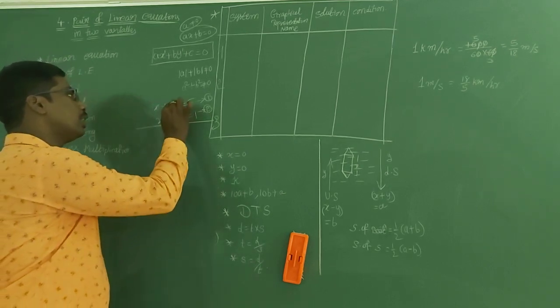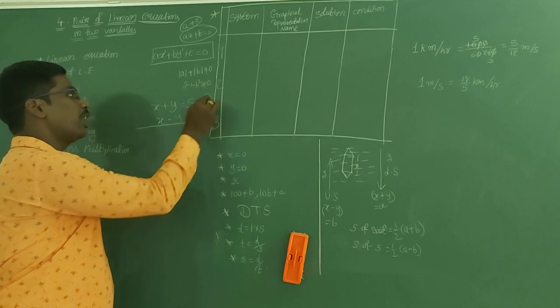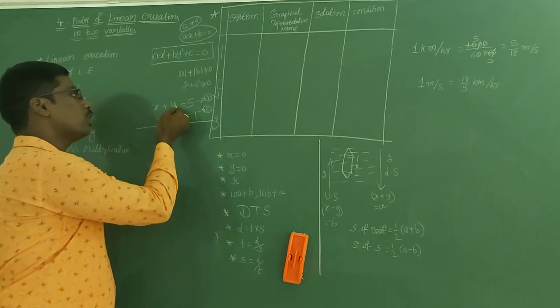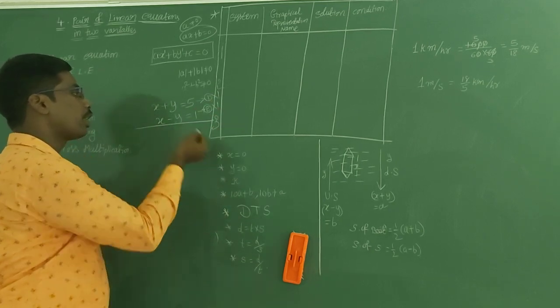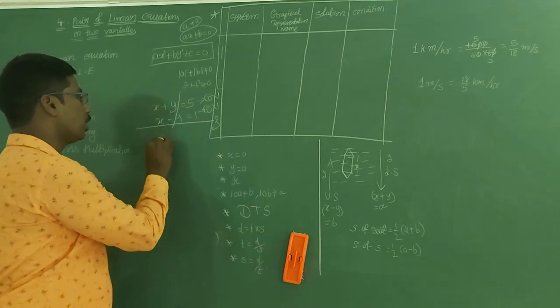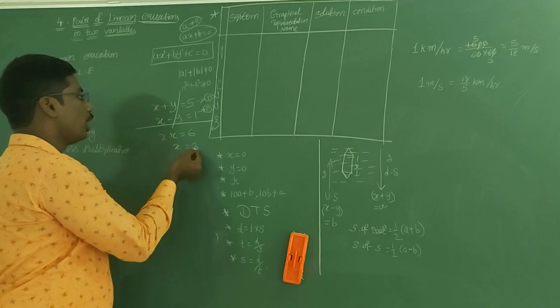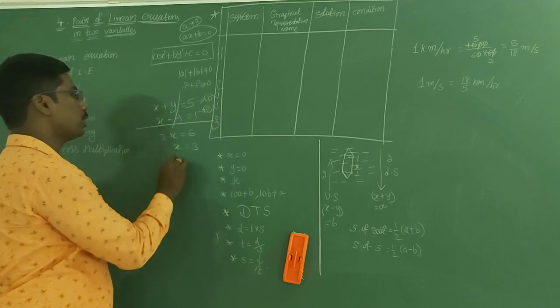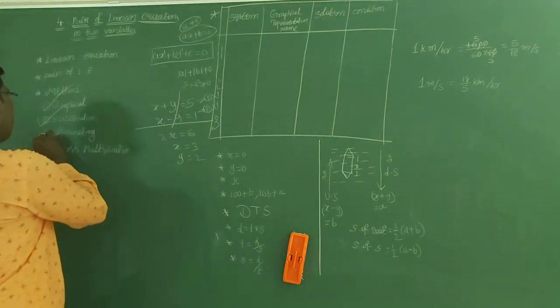If you want to eliminate y, then whatever the coefficient is there, multiply with this one, and whatever the coefficient of y is here, multiply this one. Then write the new equations, then solve. Here plus y minus y cancel. So, 2x is equal to 6, x is equal to 3. If you substitute x is equal to 3, 5 minus 3, y is equal to 2. So, this is called eliminating method.